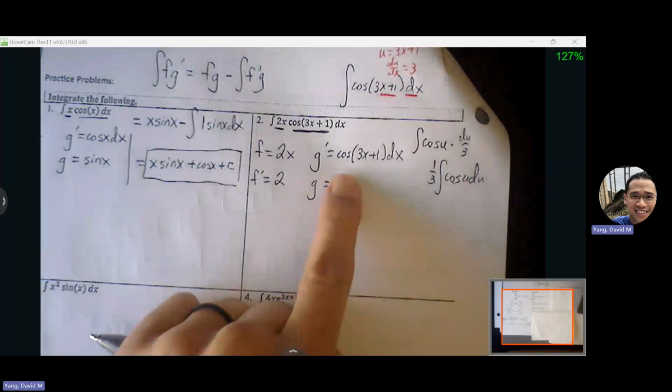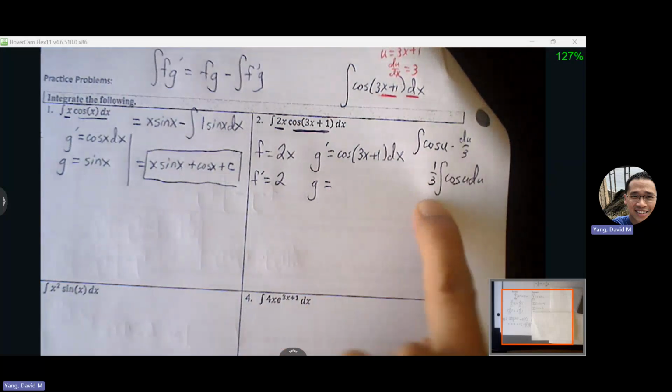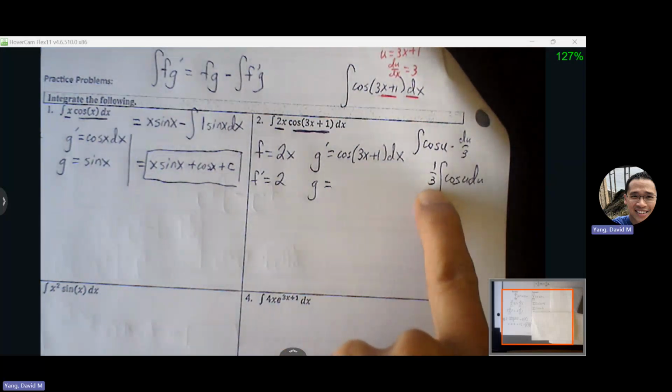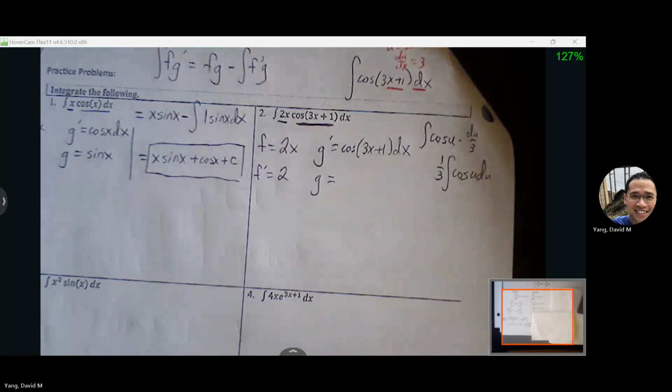So basically, cosine becomes sine, but there's going to be a leftover what from that U substitution? 1/3, right?